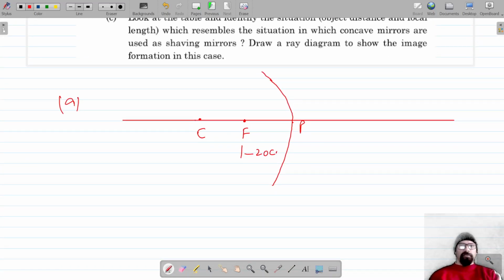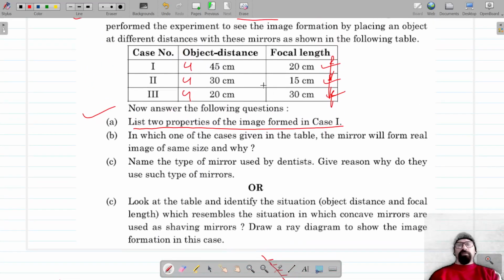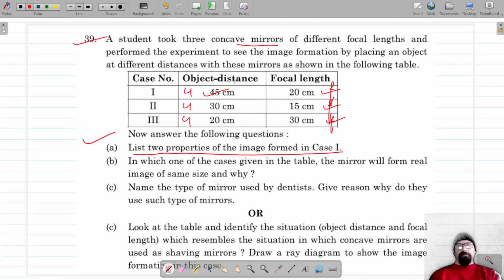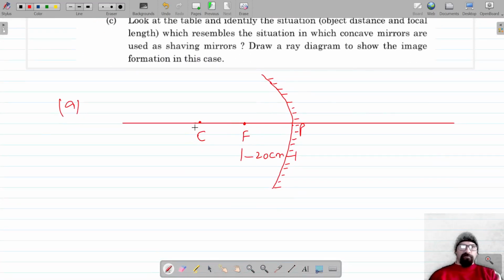Let this be the non-reflecting surface. This is a concave mirror. Now it's given that the object distance u is 45 centimeters. Double of the focal length is the radius of curvature, so this distance is 40 centimeters, because it's 2f.